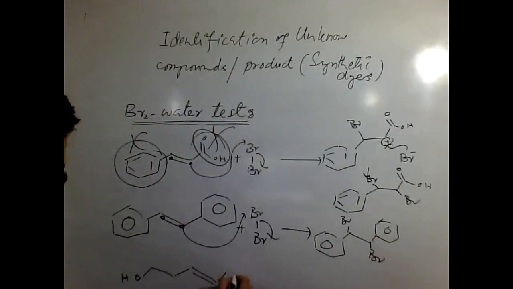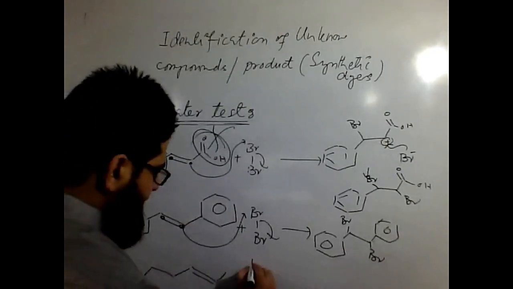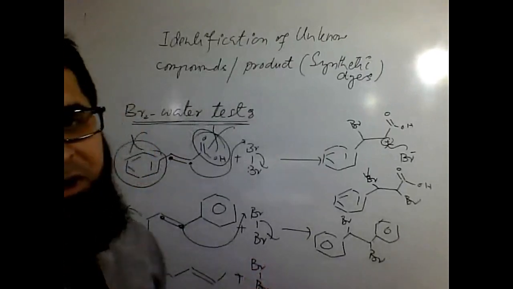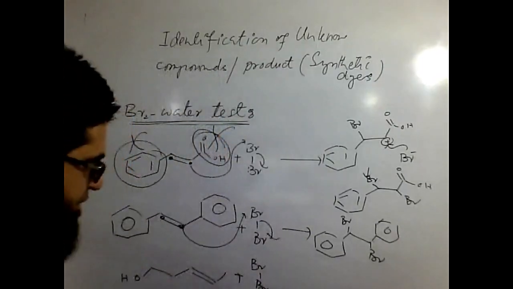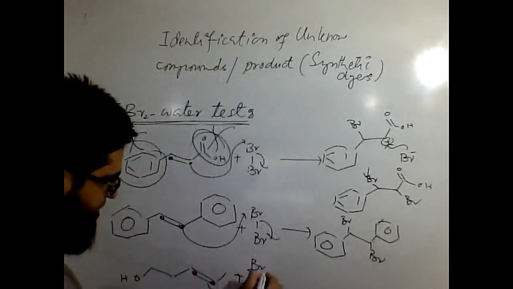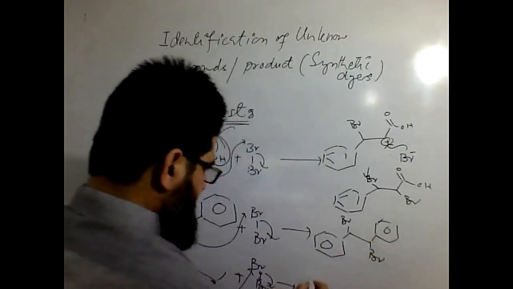Similarly, if I can show you the last molecule where an alcohol functionality is present, then single bonds are present, there is a presence of double bond. The presence of double bond is vulnerable for reactions with bromine, so the carbon-carbon double bond will react with bromine, as we have an idea.